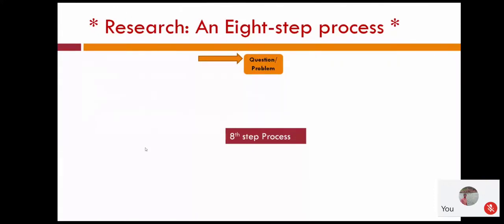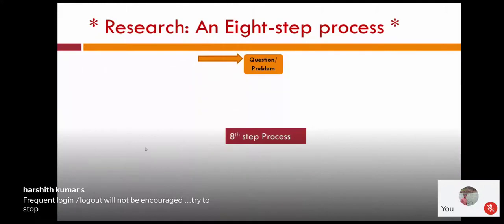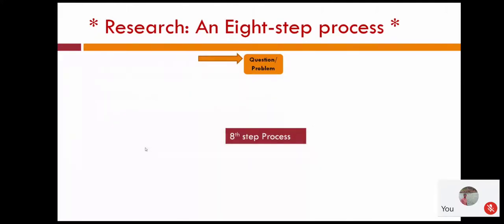You observe things, you build up such an attitude that there is a problem which you want to recognize, an existing situation which you want to understand, on which further investigation has to be done. Okay, that is the first step, the foremost step out of the 8-step research process.